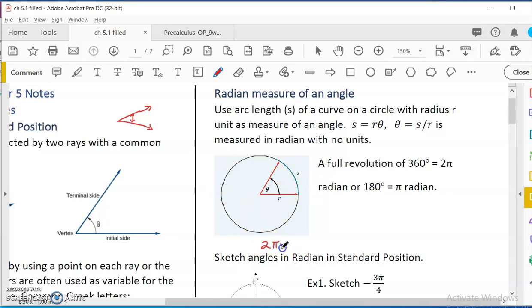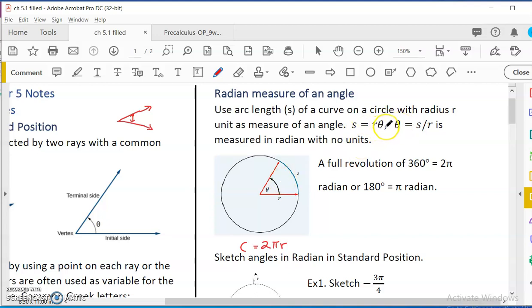But if we measure just part of the circle, with an angle whose vertex is at the center, we call this a central angle. Then the two radii, the initial side and terminal side of the angle, cut an arc. This arc length is defined as r times theta.